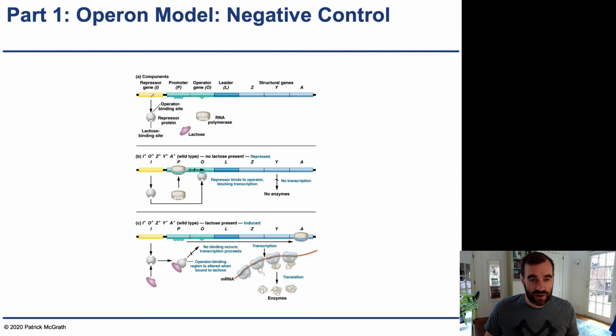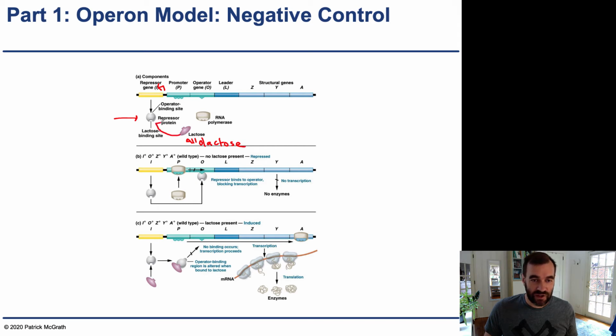This repressor gene is around all of the time. Because this promoter is always expressed, you always have this repressor molecule around. This repressor can bind to a small molecule. In this figure it's called lactose, but in point of fact, it's actually a molecule called allolactose, which is a derivative of lactose.